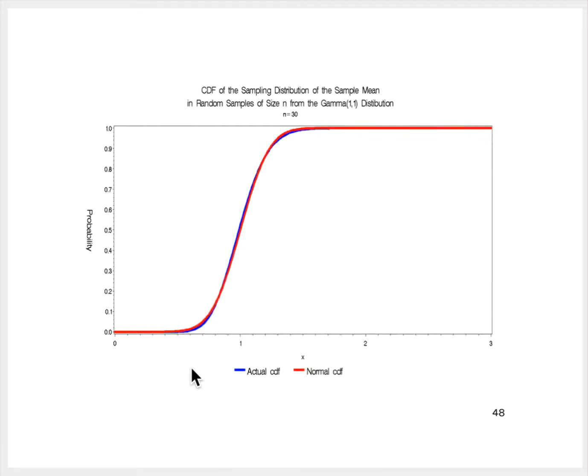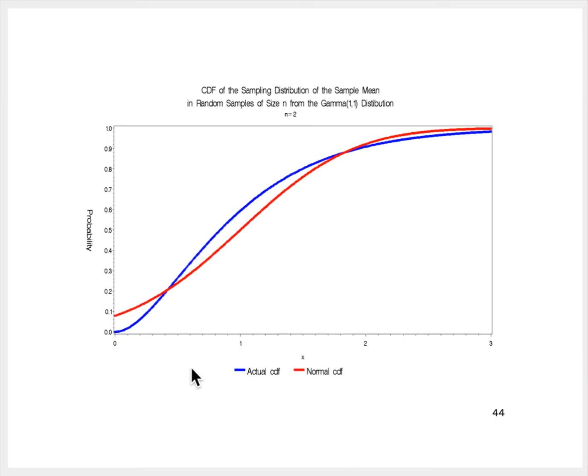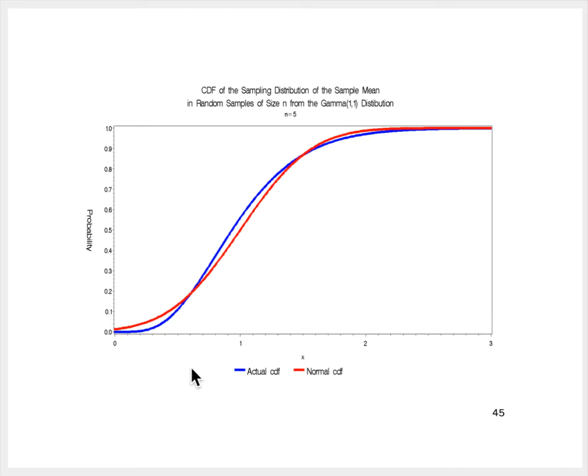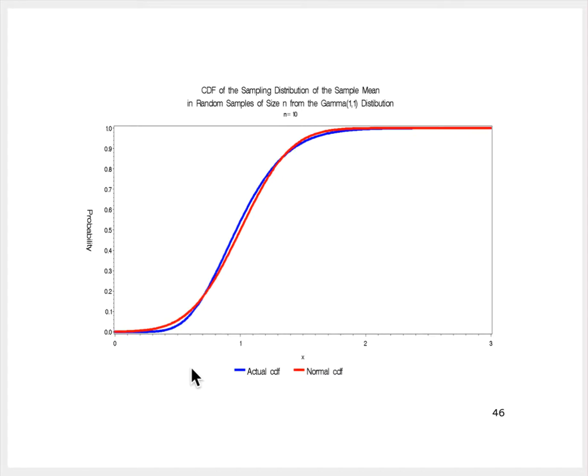And so you can see that as we increase the sample size, the true sampling distribution of x bar, the true CDF of x bar, becomes closer and closer to the corresponding normal distribution, the normal that has the same mean and variance as x bar itself.